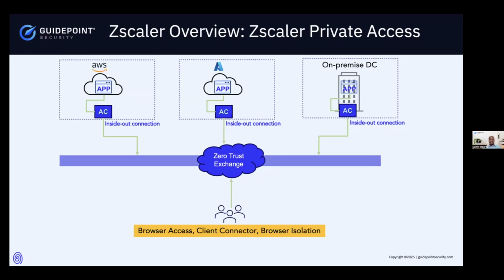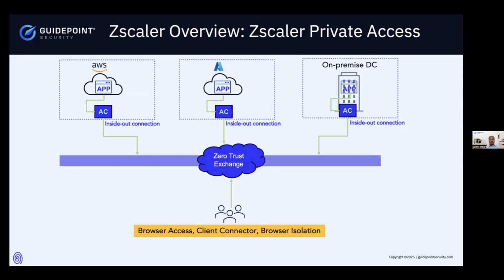App connectors, on the other hand, act as checkpoints that ensure that only trusted users are able to access internal applications directly. They also facilitate seamless and secure connection between users' endpoints and the ZPA cloud.